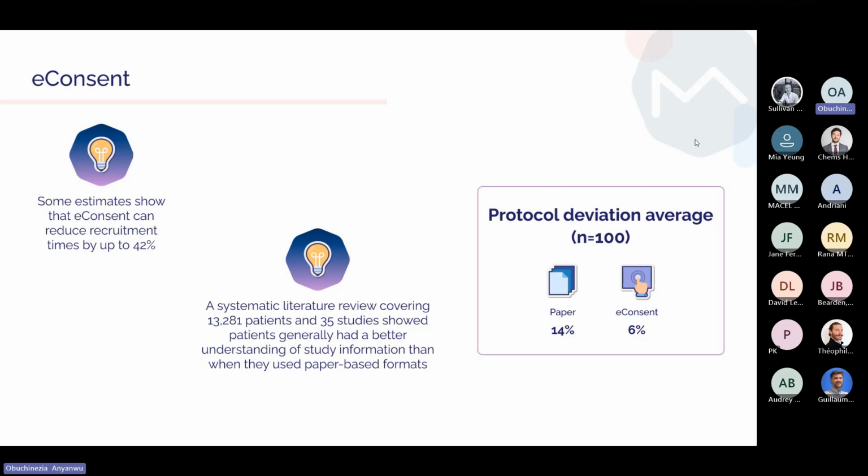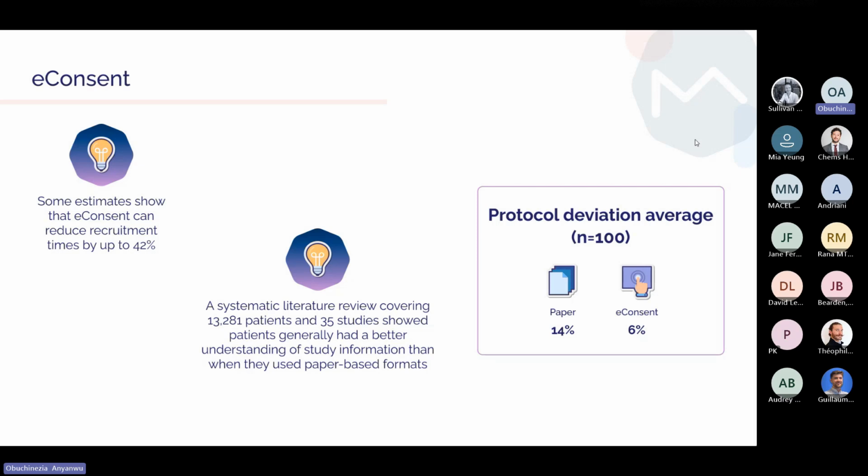There's also a systematic literature review which covered over 13,000 patients in 35 studies, showing that patients generally had a better understanding of study information compared to conventional paper-based formats.